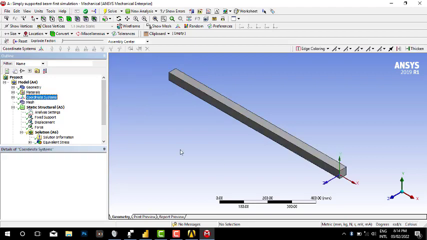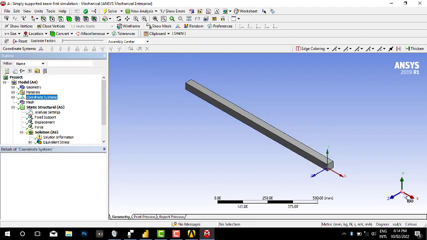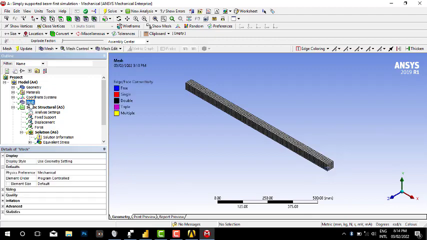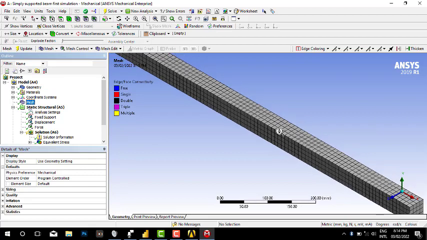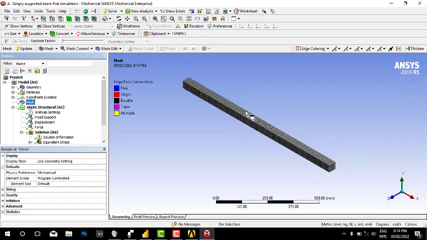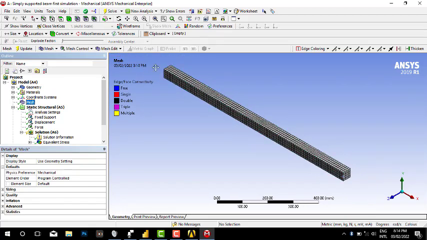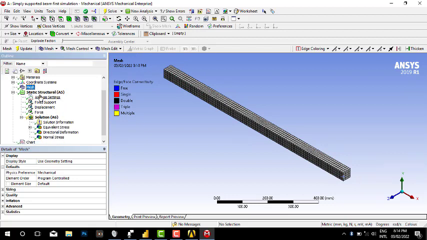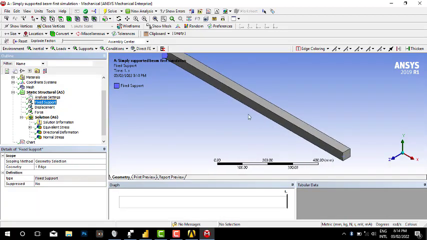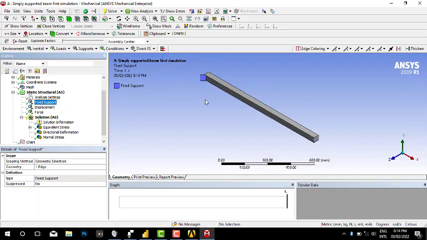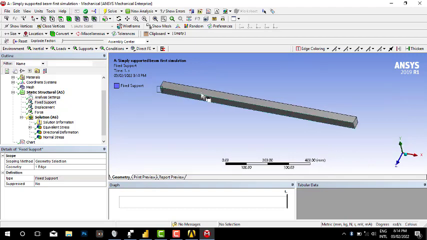Then the coordinate system is the X, Y, and Z, the 3D coordinate system. Then you can see the mesh that helps us define our computational boundary for this beam. Then some of the things we did, since it's a simply supported beam, one side has to be fixed, then the other side should be displaceable horizontally.